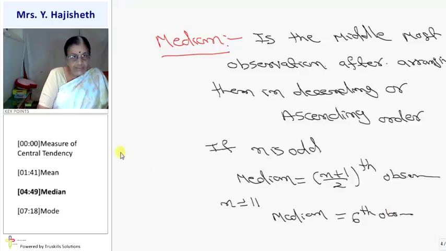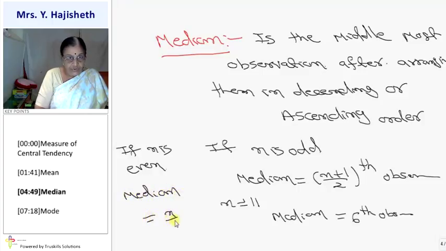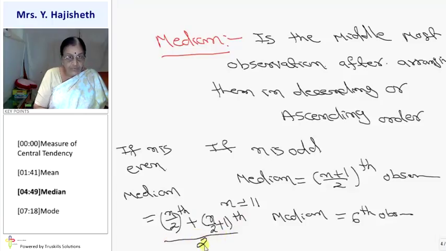But if n is even, then there are two middlemost observations, n by 2 and n by 2 plus 1. So the median is the average of the n by 2th plus the n by 2 plus 1th observation. We add them and divide by 2.